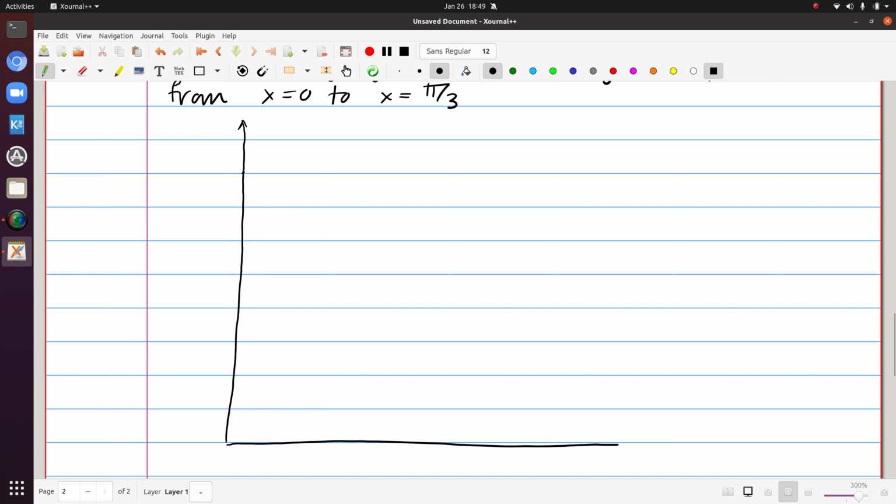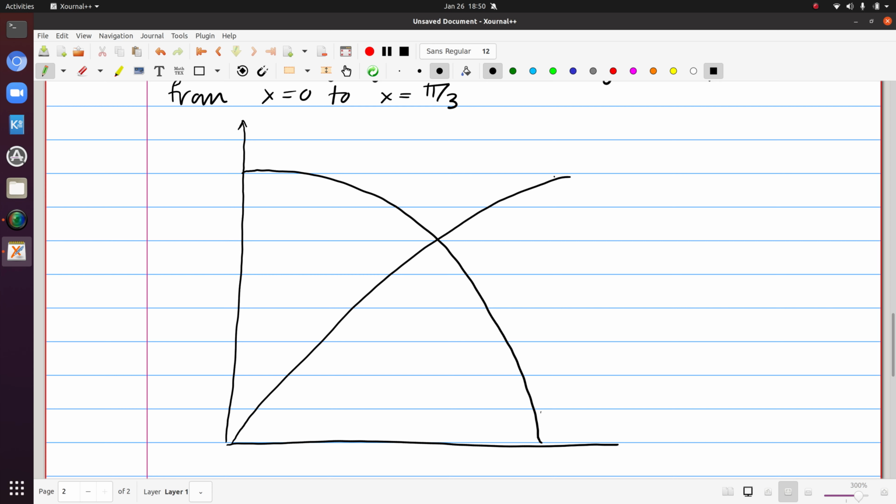So cosine would look like this, and sine, if we were going to draw that, would go back up to 1, like this.